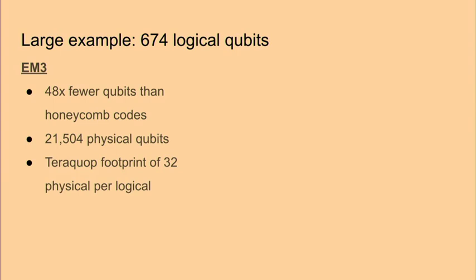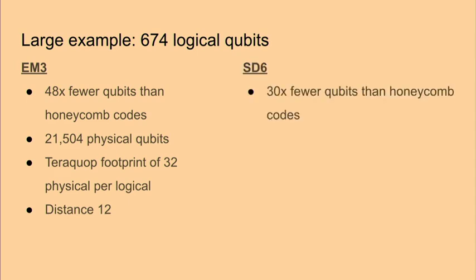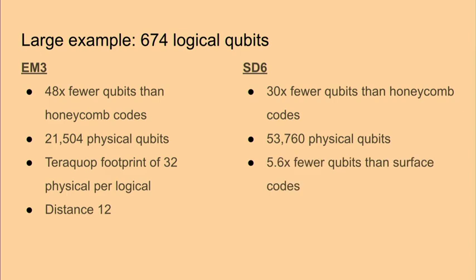And extrapolating down to low logical error rates, we show that we only require 32 physical qubits per logical qubit to achieve very low, 10 to the minus 12 logical error rates with distance 12. And then for SD6, we can use 30 times fewer physical qubits than the honeycomb code and achieve a 5.6 times saving compared to surface codes.